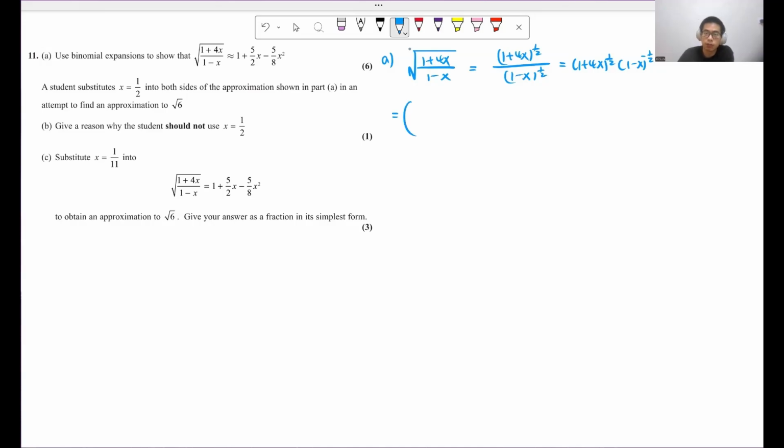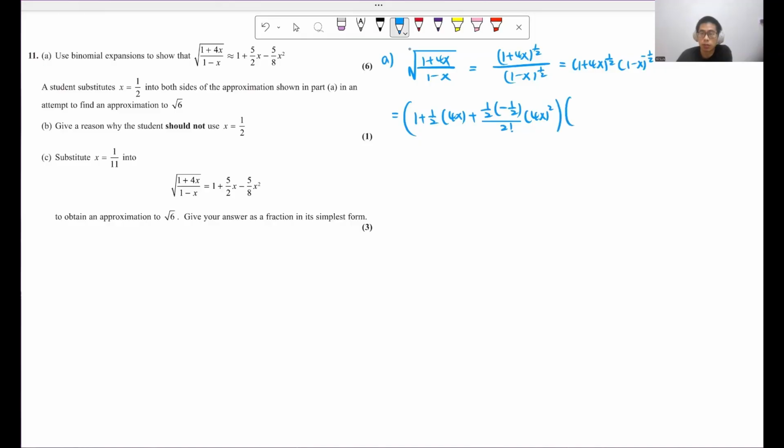So the first one in brackets will be 1 plus half times 4x, and then plus the next term, which is n times (n minus 1), which is negative 1/2, over 2 factorial times (4x) squared. Since the final answer is only up to x squared, we can just stop here.